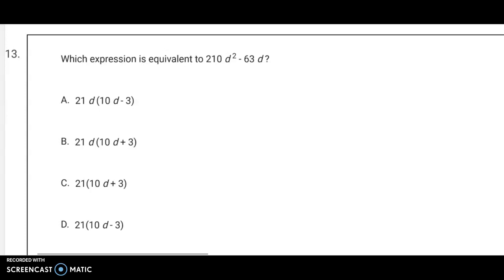Now, number 13 is interesting because it looks like it's just factoring out the GCF. Like, because remember, the number in front, or the term in front, is the GCF. So I guess we can eliminate some answers by knowing whether 21D is the GCF or is it just 21. So look at the two terms. One of them is 210D squared.